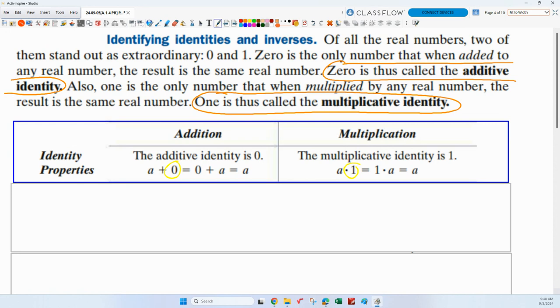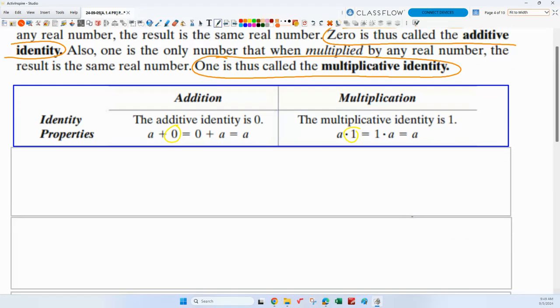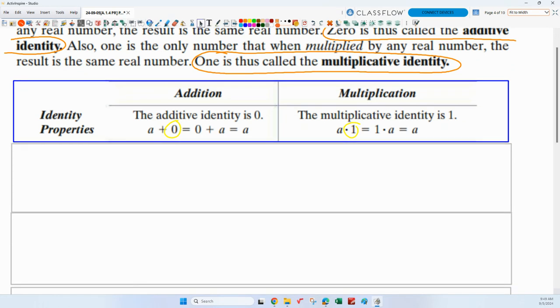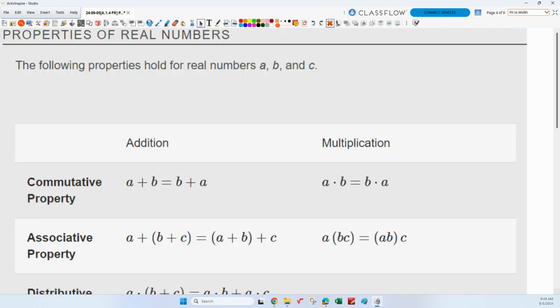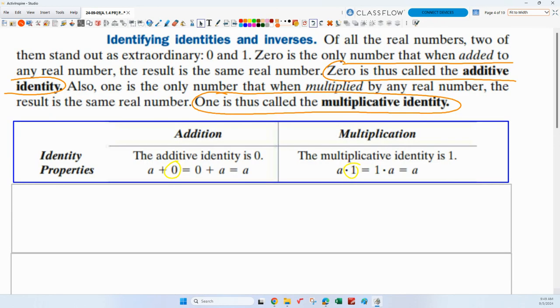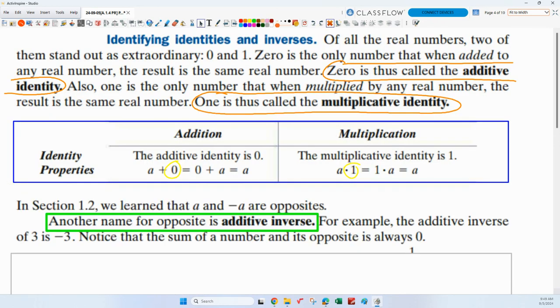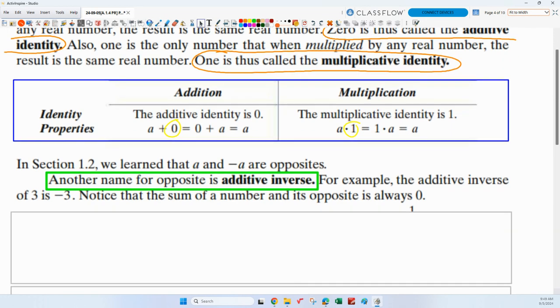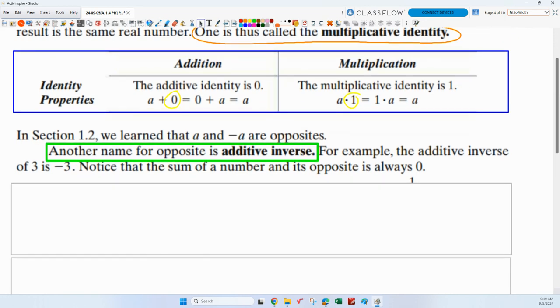The inverse properties just say, okay, 0 is my special identity number for addition. What would I have to add to the real number A to get 0 as my answer? So the additive inverse is what we add to something to get 0.